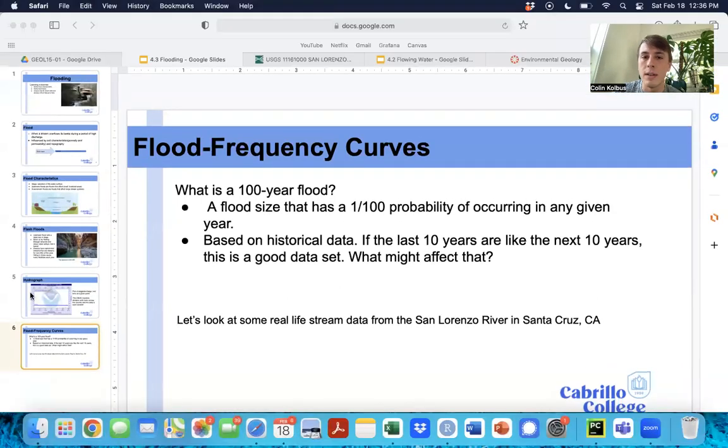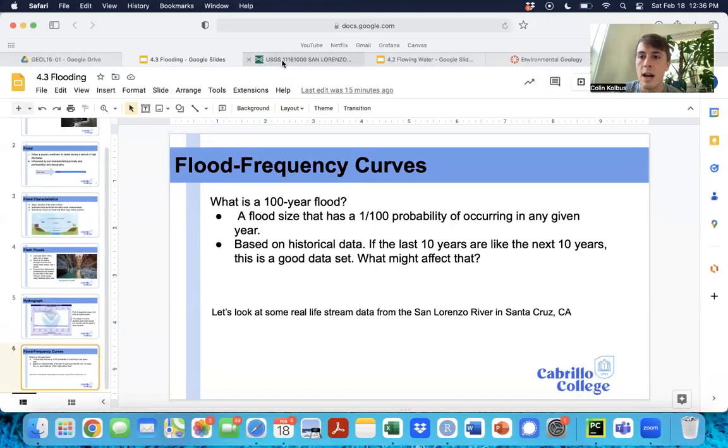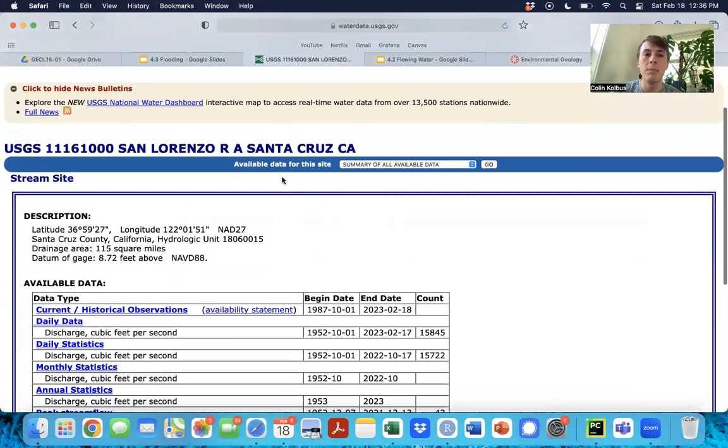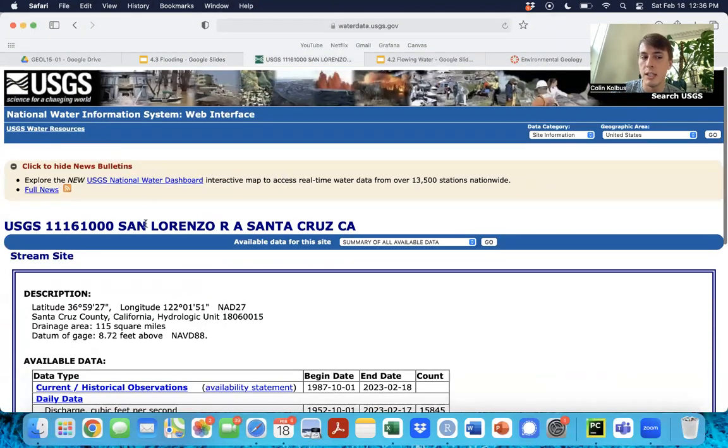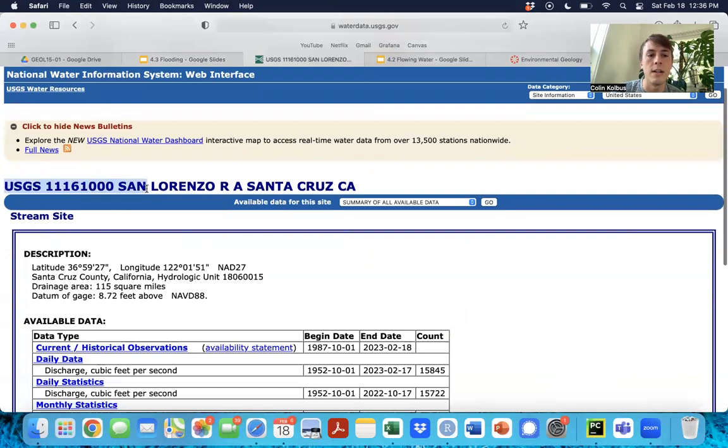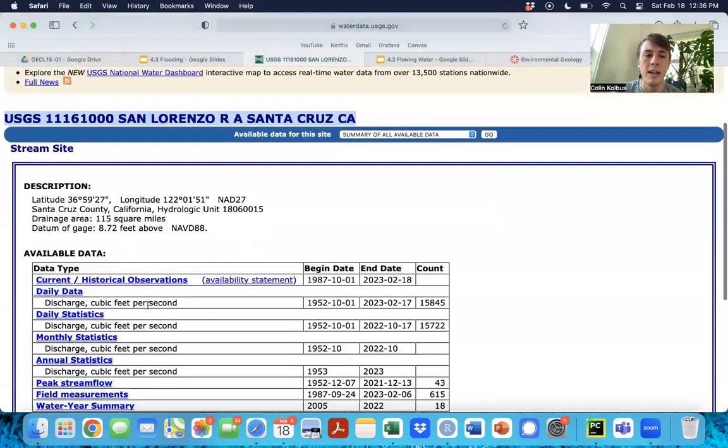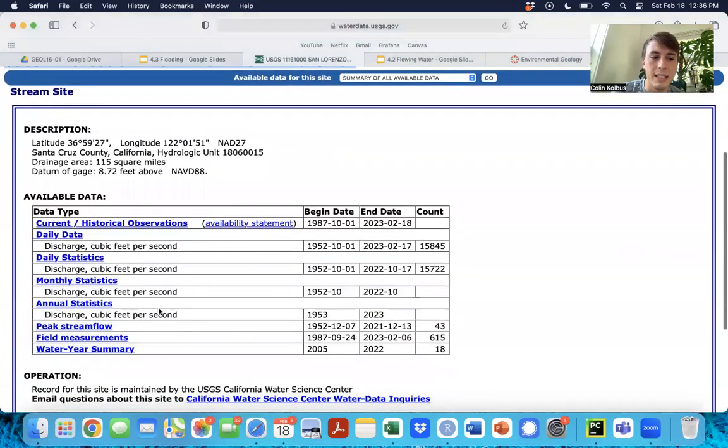So let me get out of my thing here. I have pulled stream data from the USGS for this site on the San Lorenzo River. I believe it's right before the downtown area. And they have all sorts of daily statistics, monthly statistics, annual statistics from 1953 to 2023, to this year. And so I want you to notice that this is not 100 years.